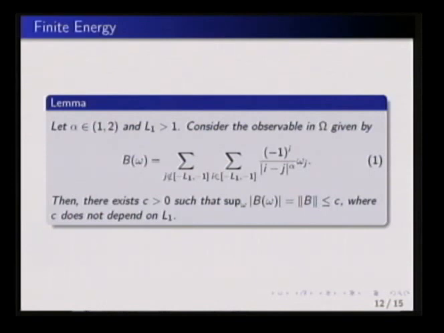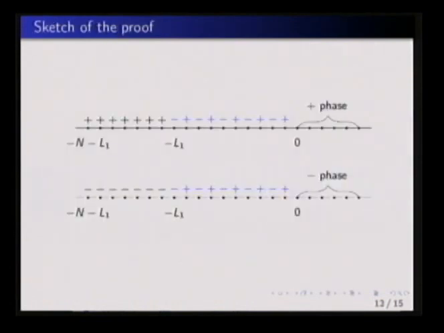So this means that if you increase this L1, the energy of the alternate configuration cannot increase too much. So that's the sketch of the proof. This picture is enough to prove the result.